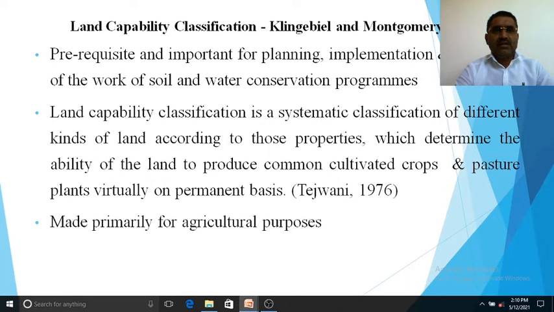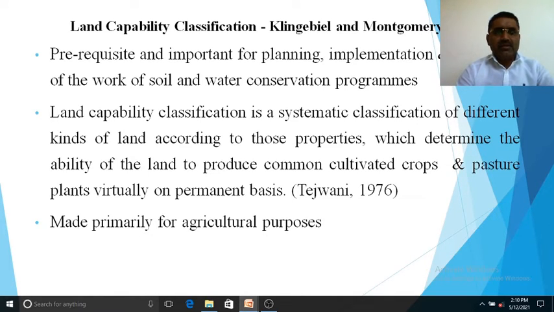So let us see land capability classification, which was put forth by Klingbeil and Montgomery in 1961. It is a prerequisite and important for planning, implementation and execution of the work of soil and water conservation programs. As we know, whenever we have to plan any crop, to grow any crop, we have to do the planning, and so land capability classification is helpful for that planning, as well as for the conservation programs.